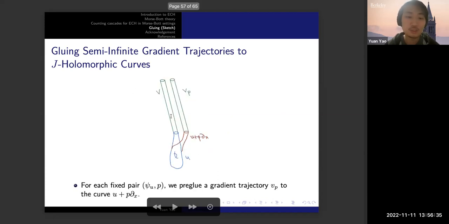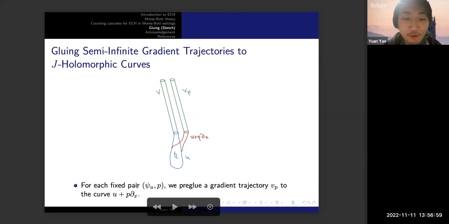So what am I going to do? I'm going to try to run the above strategy by doing the following. For each fixed pair psi U and P, we pre-glue a different gradient trajectory to the curve. We pre-glue a gradient trajectory V_P to the curve U plus P dx. Here in blue you have just U, and you pre-glue a gradient trajectory that goes off to the critical point.